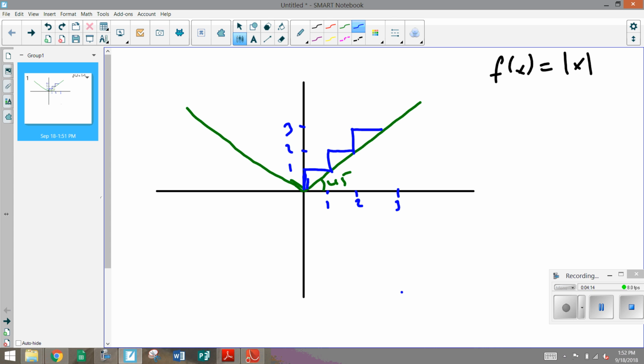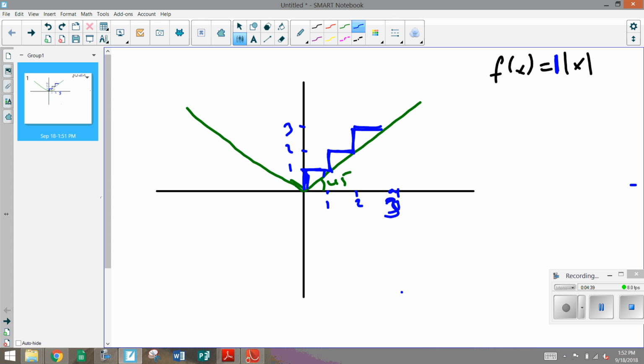Rise how many units, and then run how many units? 1 by 1. It goes 1 by 1. It's kind of hard to draw that here. You will do that better because you have graph journals. And so the slope is 1. So that is represented here as 1, correct? So this is the absolute value parent function.